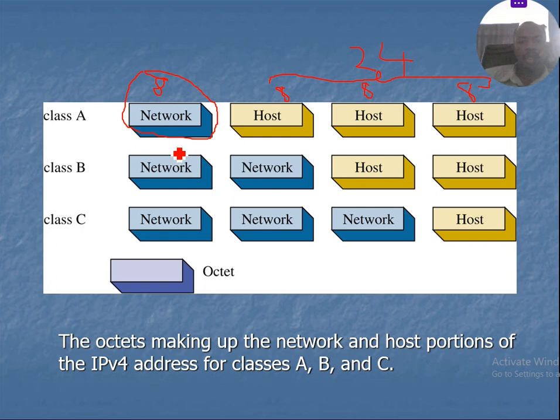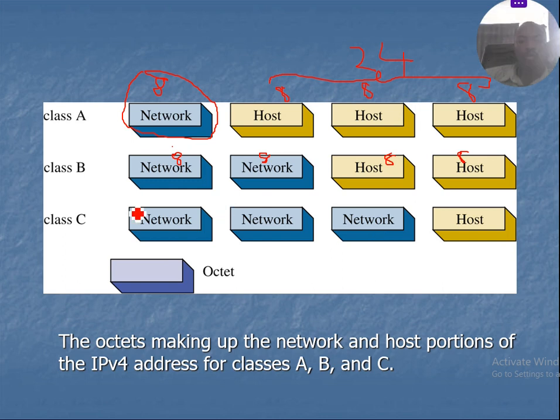For class B, this is 8 and 8, which is 16. Network here is 8, another 8 again for this network. So that's 16. Host is 8, 8, which is also 16. So for class B, we have 16 for network and 16 for host. Then for class C, network is 8, 8, 8. That's 24.